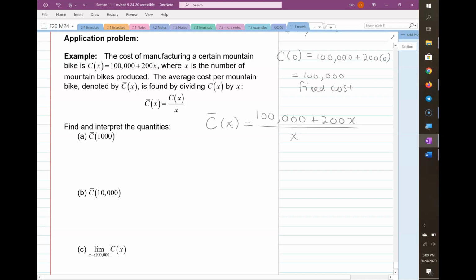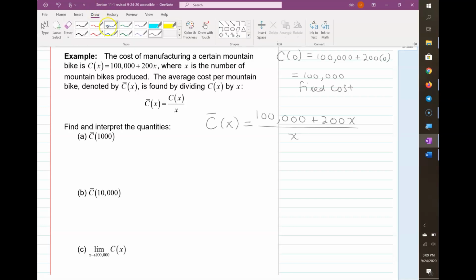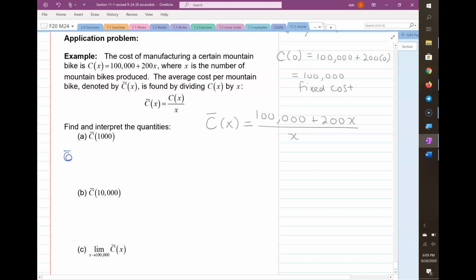Then we're asked to interpret these quantities. So we compute the number and then say what that number means in the context of this problem. C bar of 1,000 means plugging in 1,000 everywhere you see an X. Let's do that calculation. And I'm getting $300 per bike.